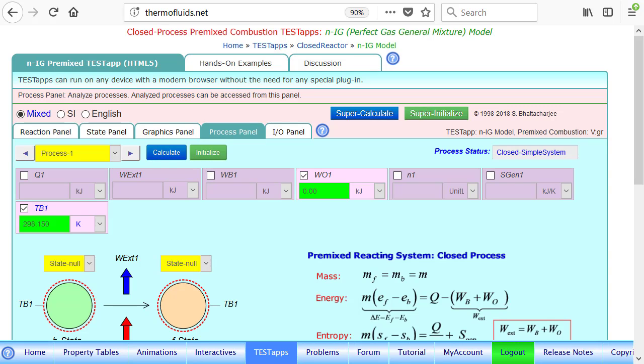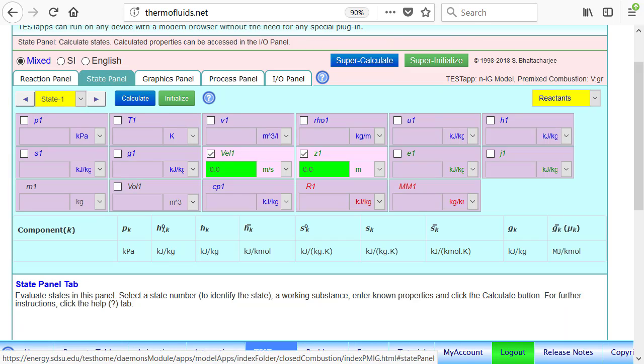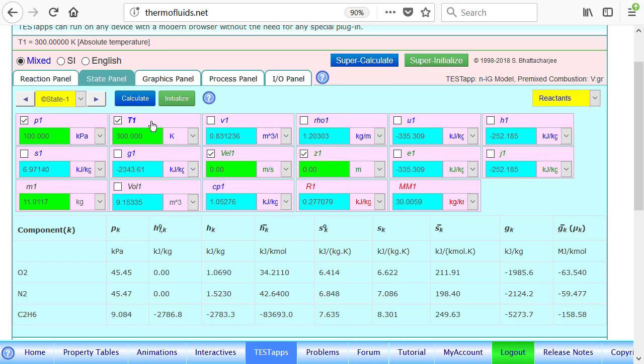Now all we need to set up is the initial and final state. For the initial state, first we have to calculate the states. It is given as 100 kPa and 300 Kelvin for our reactants. So we have found the volume of the tank.